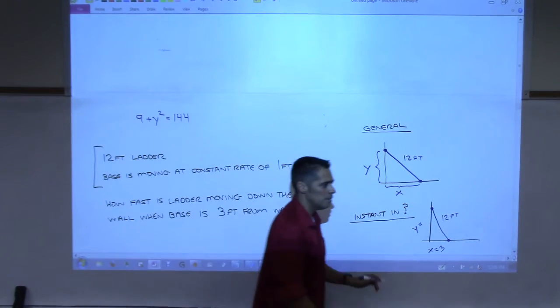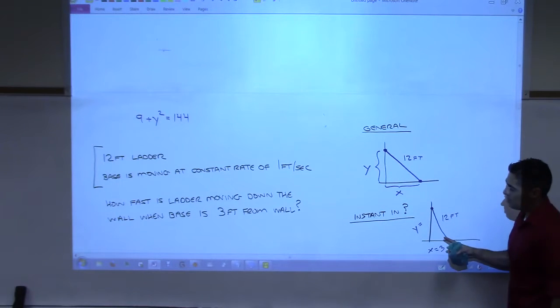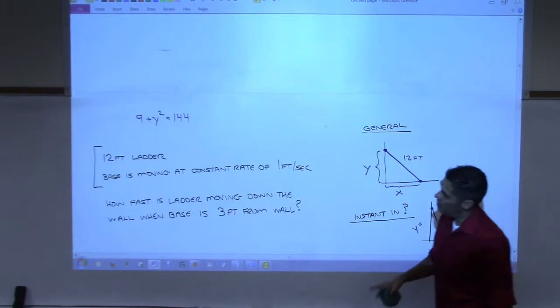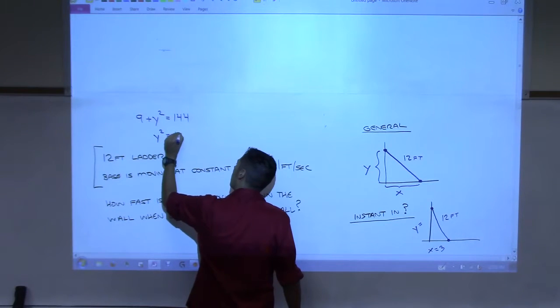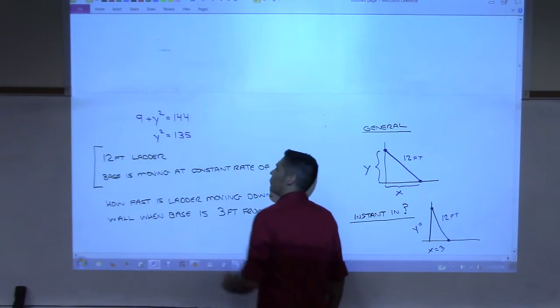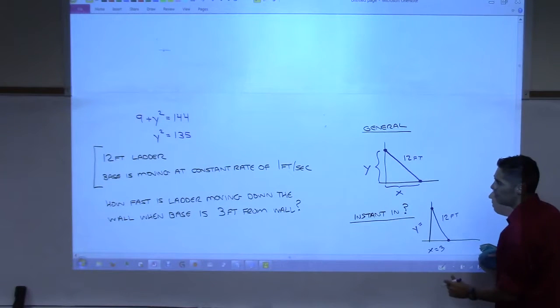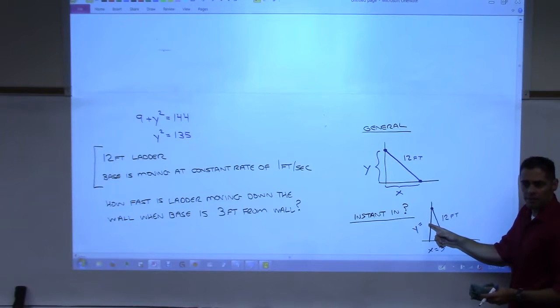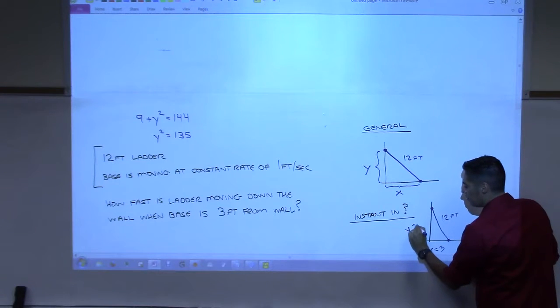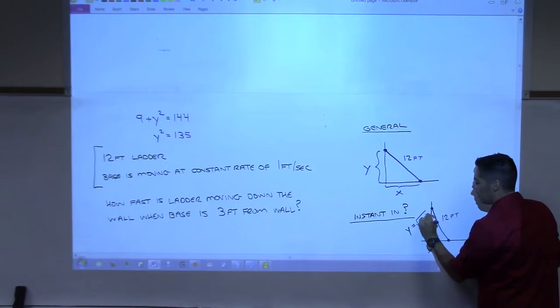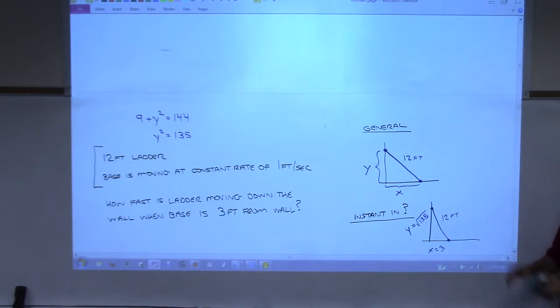Everyone following what I'm doing? All right, so subtract 9. Y squared is 135, right? And so this side right here is the square root of 135. You agree? Y is equal to the square root of 135. And I'm not even going to get that on my calculator as a decimal. I'm just going to leave it as that. That's the exact value of y.